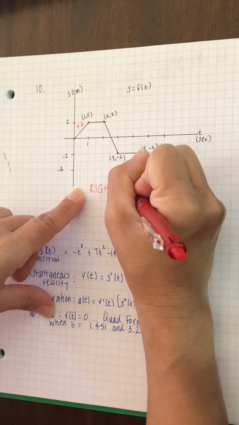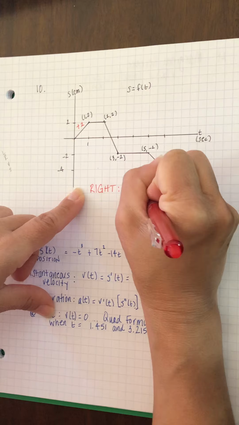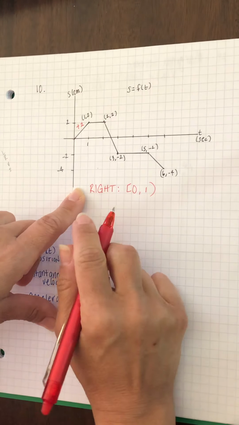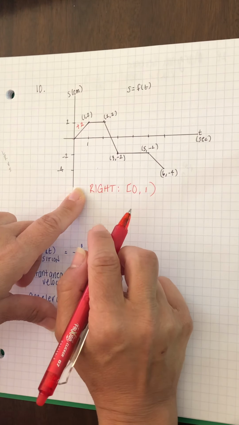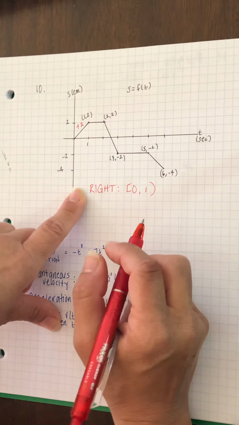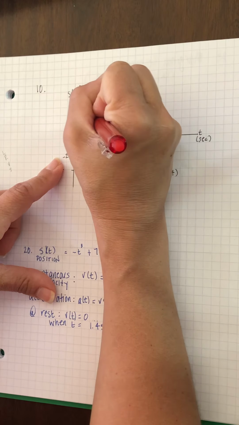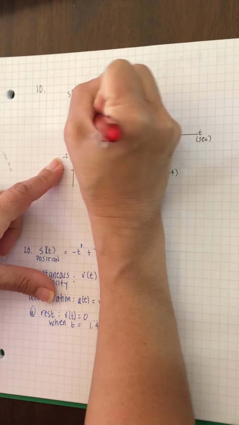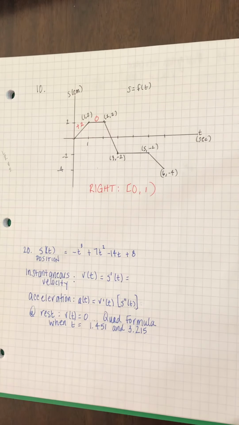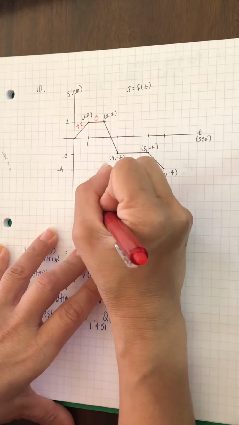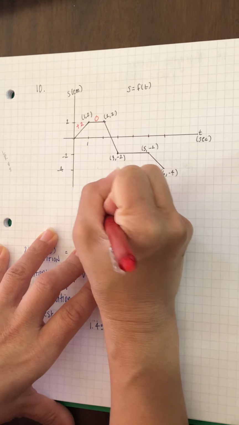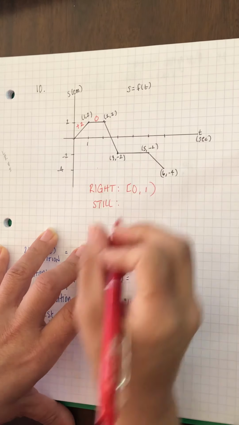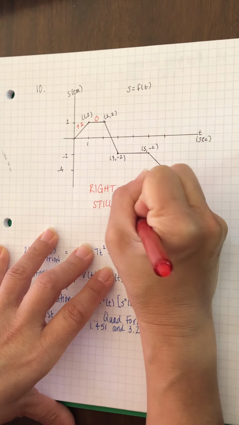This particle is moving right from 0 to 1. Kind of like interval notation when we did increasing and decreasing. It is standing still right here, the slope is 0. So the particle is not moving from 1 to 2.